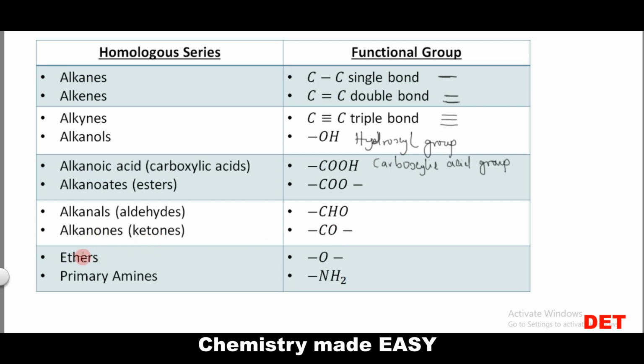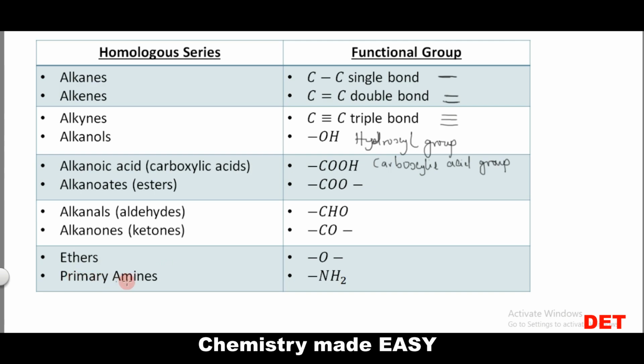The next homologous series are the ethers, and the functional group is the O group. This is the ether group. Any ether you will see at all will have this functional group, and this is what determines the main chemical properties of the ether.